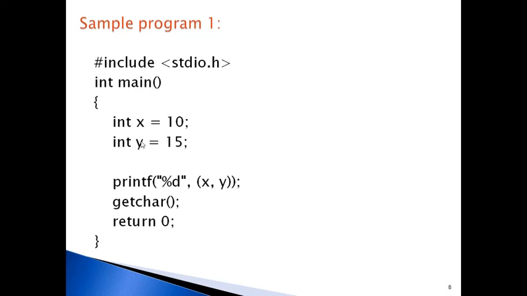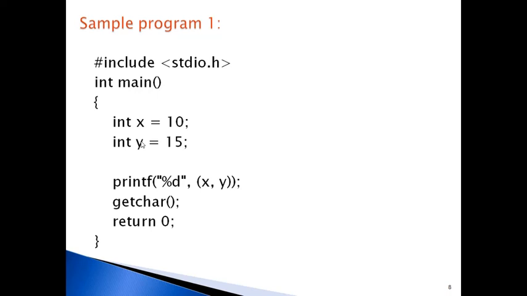So this program is entirely different. Up to now, we saw other formats. In the printf, we saw control string, comma, and arguments corresponding to the control string. If there are two format specifiers, then we used two arguments.